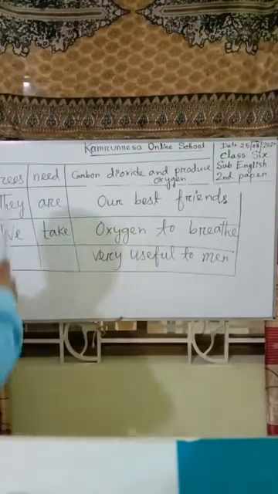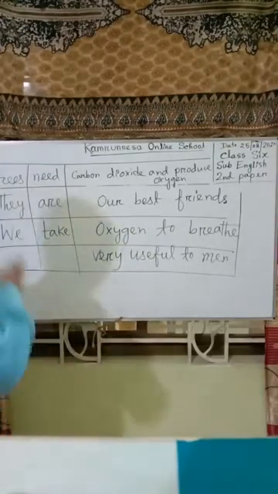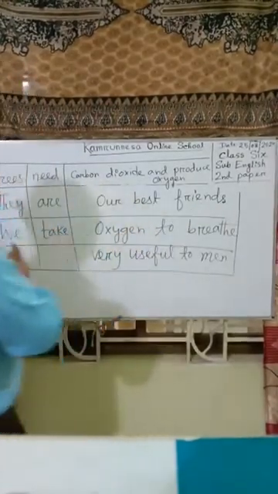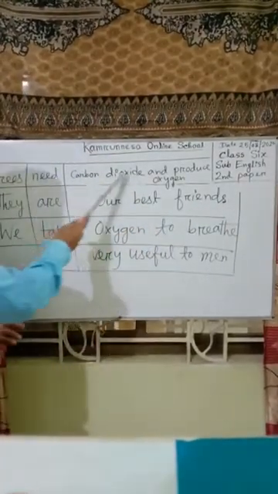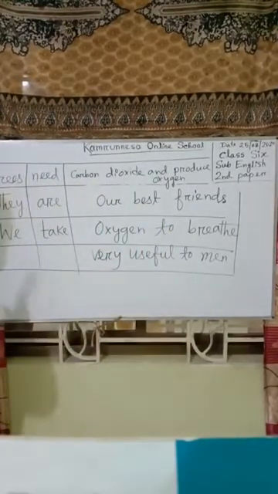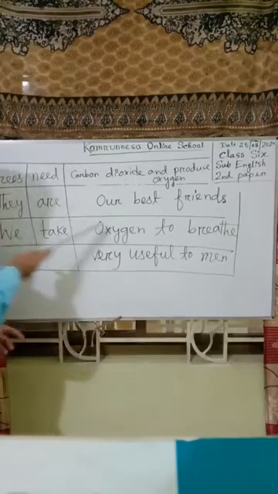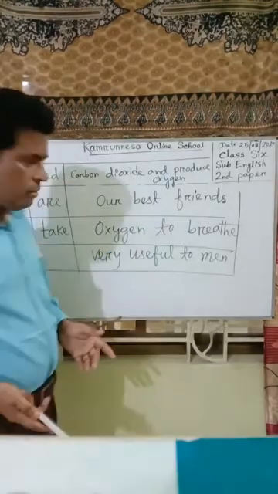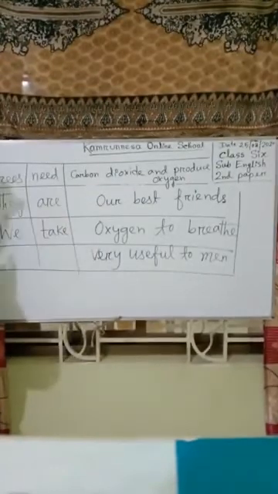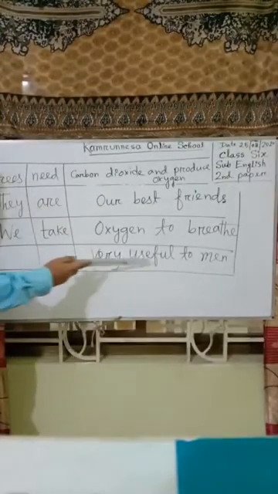Okay, students. So what will be the answer? Number 1. Trees are our best friends. They take carbon dioxide and produce oxygen. We need oxygen to breathe. And last one, they are very useful to man.